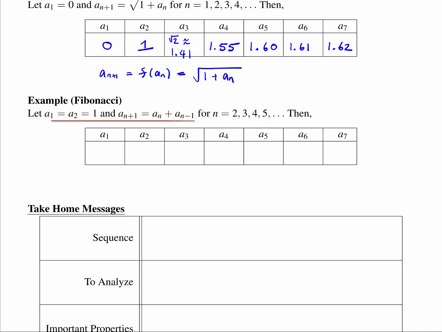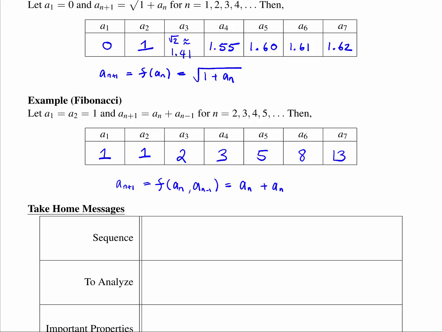Then we can compute these values successively, so we have 1, 1, then 1 plus 1, which is 2, and then 1 plus 2, which is 3, etc. to get these terms. And then comparing this to our general formula for the second order recursive equation, we find that f of a_n, a_{n-1} is just equal to a_n plus a_{n-1}.